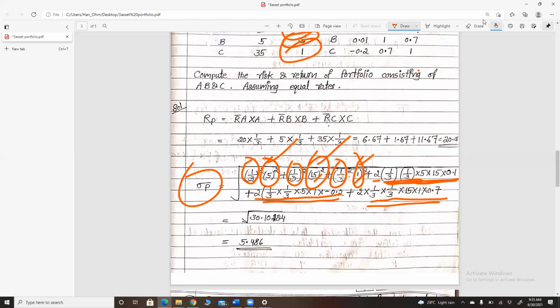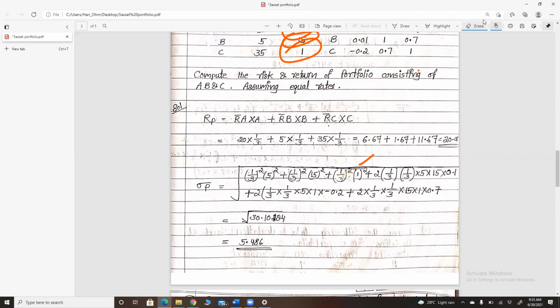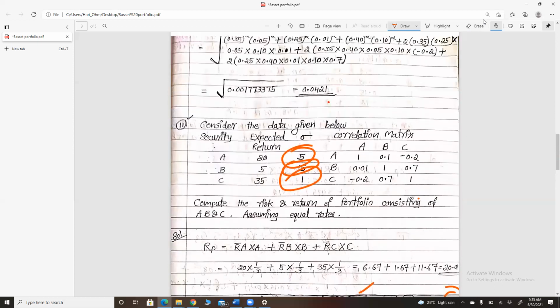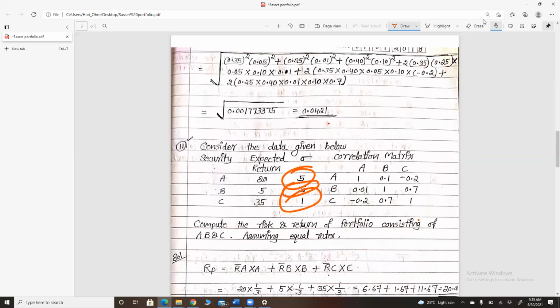Now, just see the correlation matrix to see the correlation coefficient, that is R12. In the first case, that is 0.1. How did you get 0.1? See, R12 in the sense first row, second one, that is 0.1.